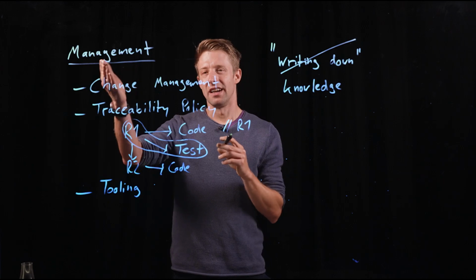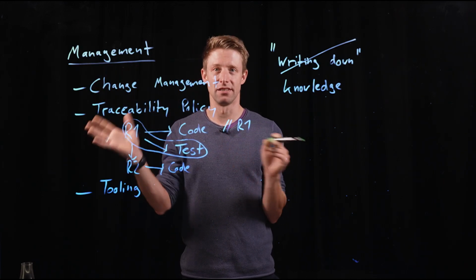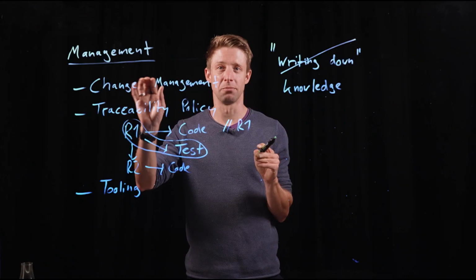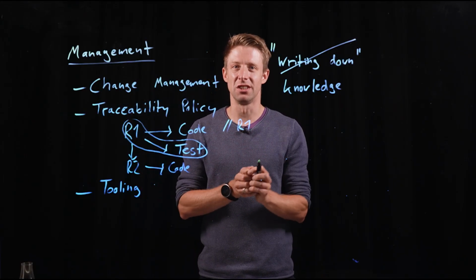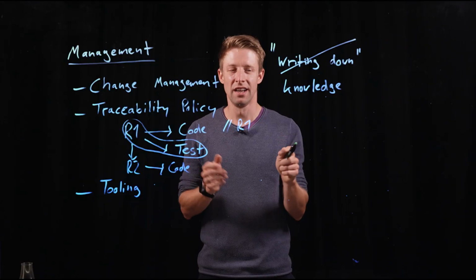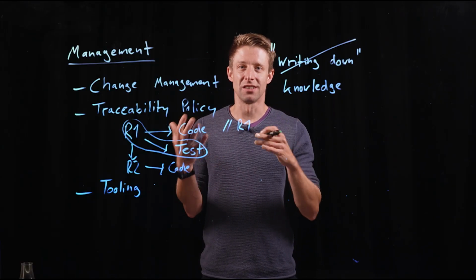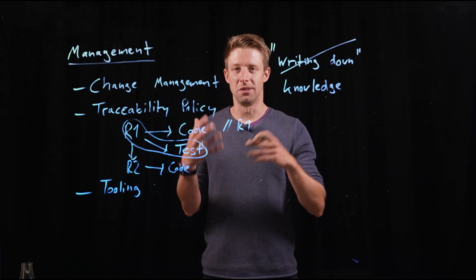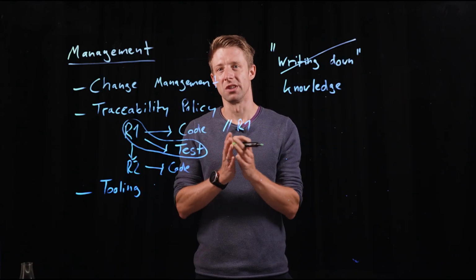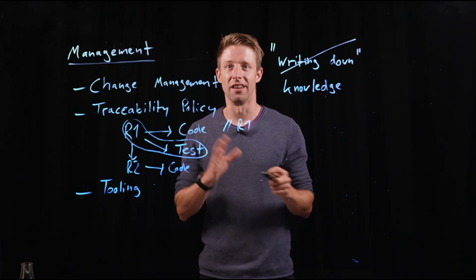Because a thing that is common in software engineering overall, regardless of the process, is that people change as well. You might have a person that has a very good knowledge of how your system works and why, but then that person might leave. And especially if your system is developed over 10, 20 years, it's very important to keep this knowledge within the company of what the system is supposed to do, what happens if things change, and so on.